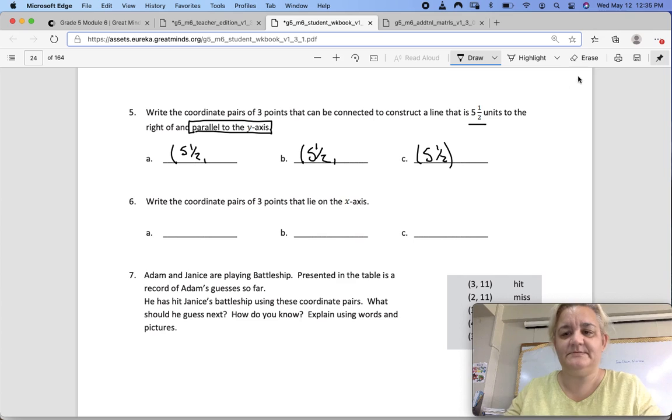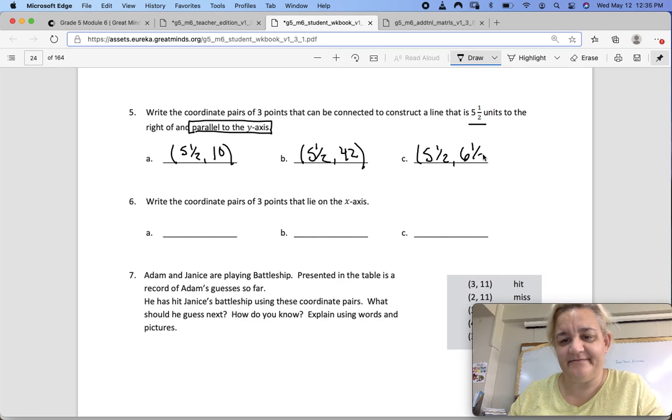Now, whatever your value on the right side is, doesn't matter to me because they're all going to be on that same line. Let's go 10, 42, and 6.5.